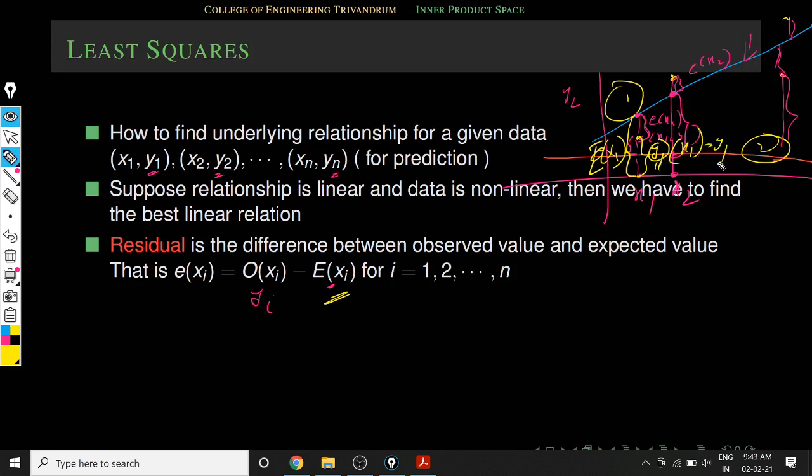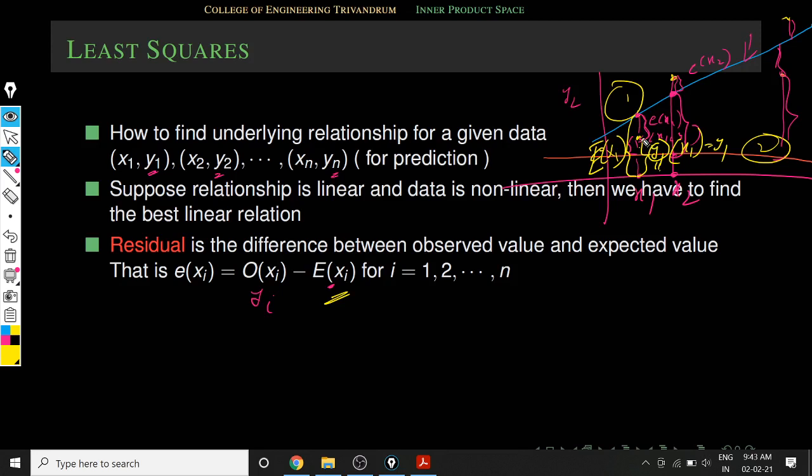So o of x1 is this height, and e of x1 means the value of the function from the straight line, the relation, and the difference between o of x1 and e of x1 is the residual. So here, this minus this: o of x1 minus e of x1.